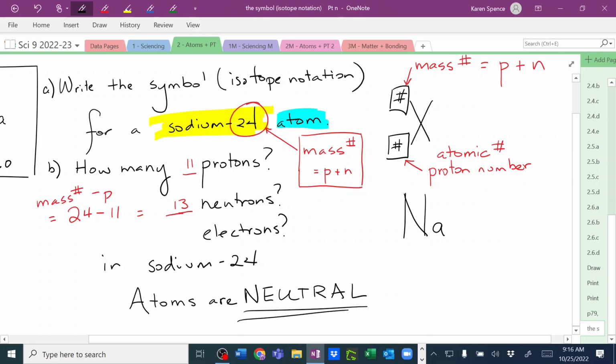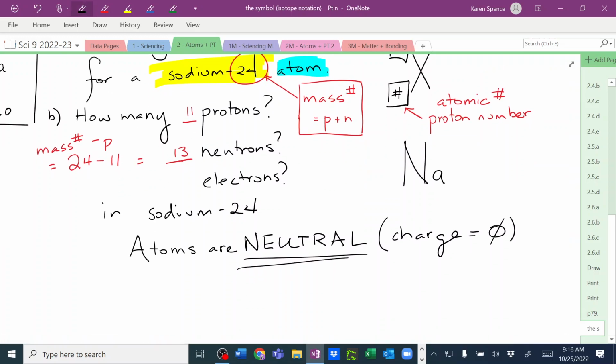That means their charge is equal to 0. So if you have 11 positive particles, protons, how many?